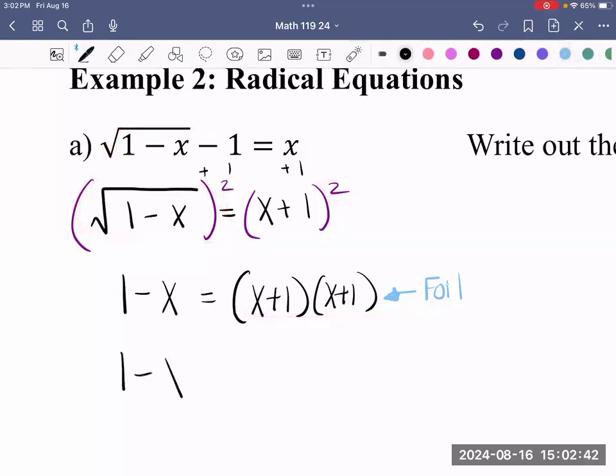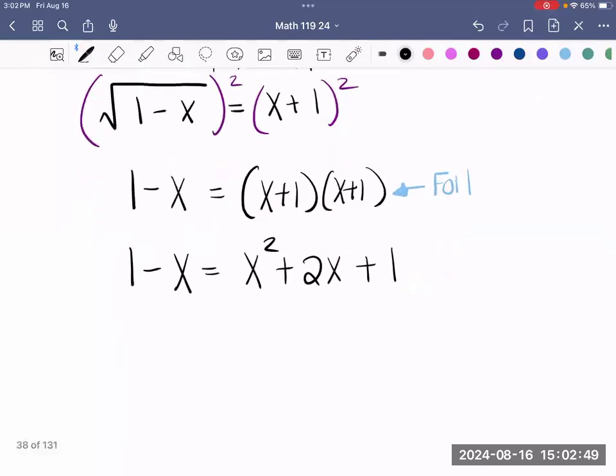So you have 1 minus x is equal to x squared plus 2x plus 1. And then we can start to solve or start to combine. So perhaps bringing these over, so subtracting 1, adding an x.